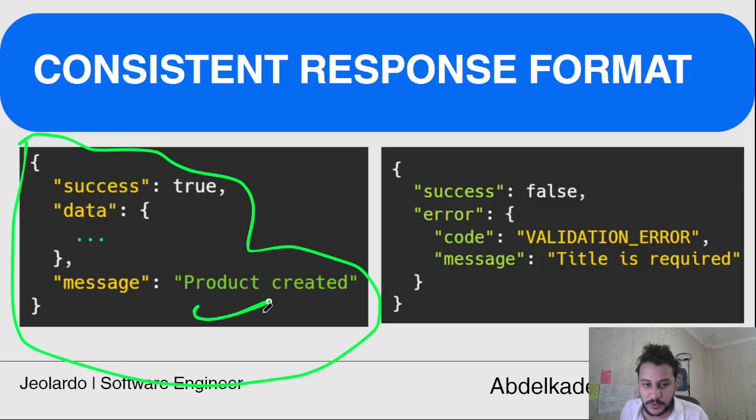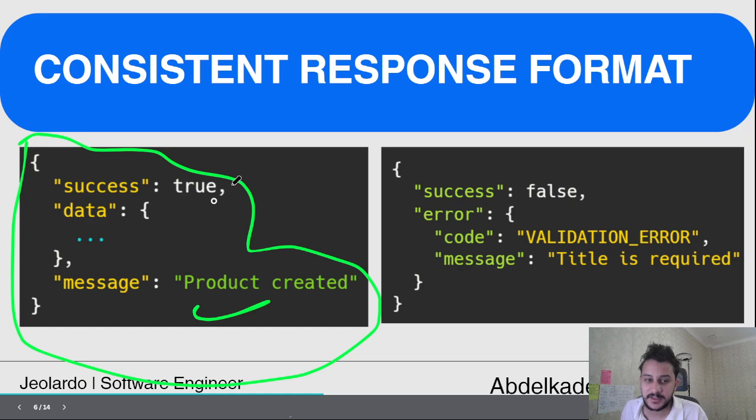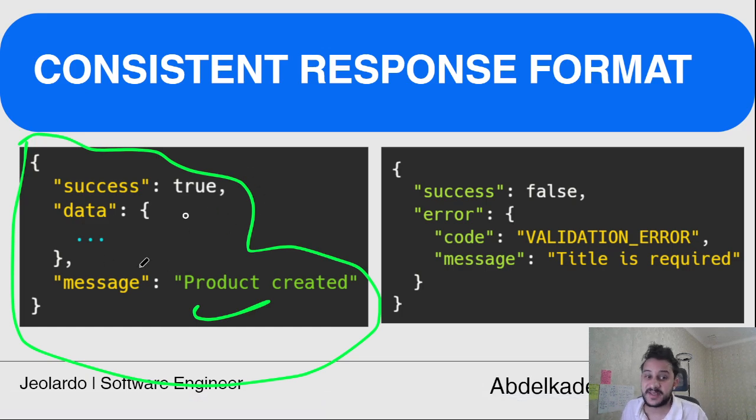For example, here we want to use this for product. Also make the same structure for users, for reviews, for orders. So this is more structured, more simple, and the same for different resources.